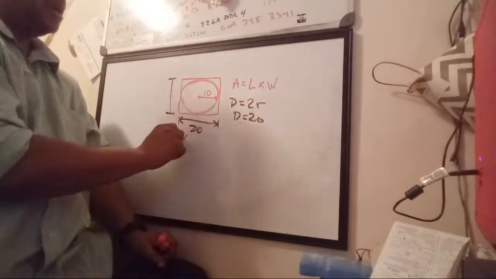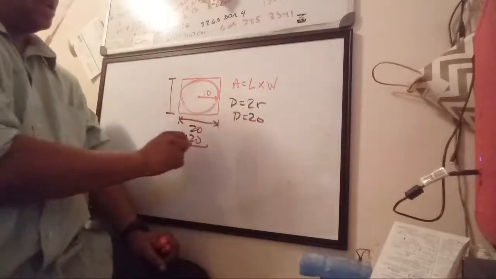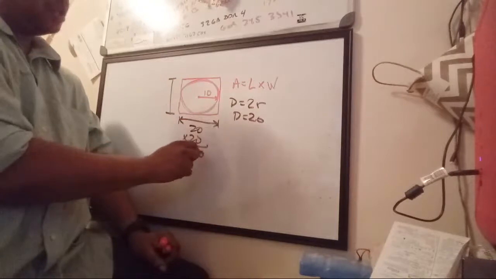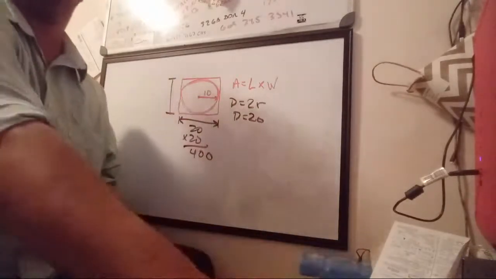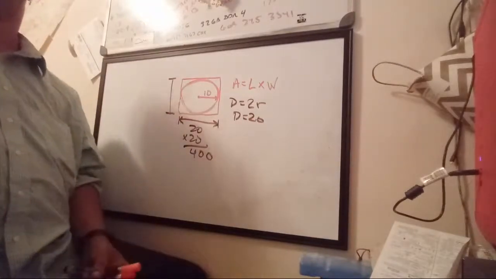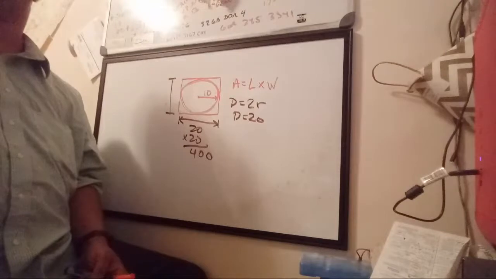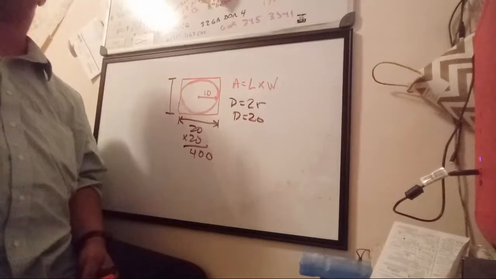So 20 times 20, area of the square, length times width. 2 times 2 is 4, and drop the 2 zeros. And you're done. See how quick that was? Yes, sir.